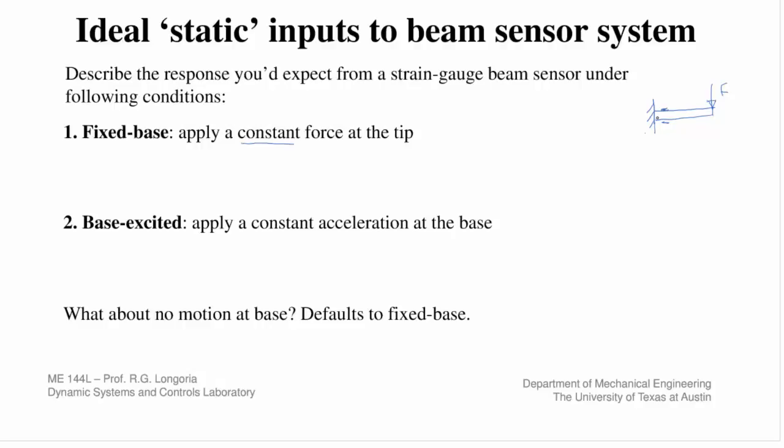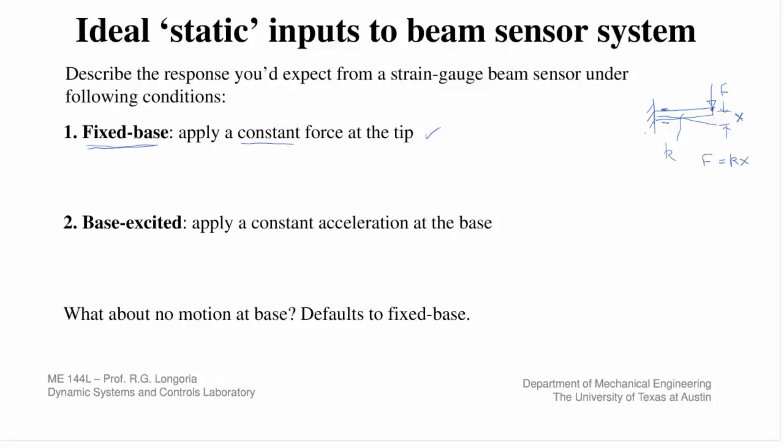You apply a constant force, this is going to deflect some amount X. Ideally, if we model this with some ideal spring, we maybe estimate K, so we understand the relationship between these, maybe it is linear. And so physically we understand the system. It's a nice kind of configuration to have. The conditions are simple. We have basically a scale where we can measure force or weight, and that's a nice simple case. So that's like a fixed base system.